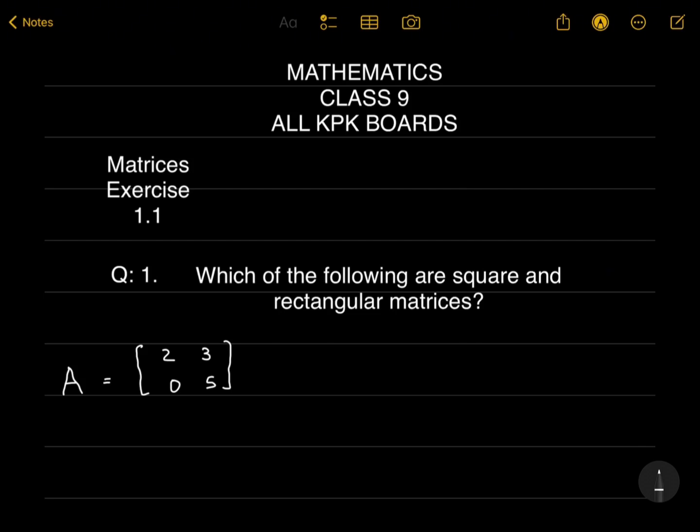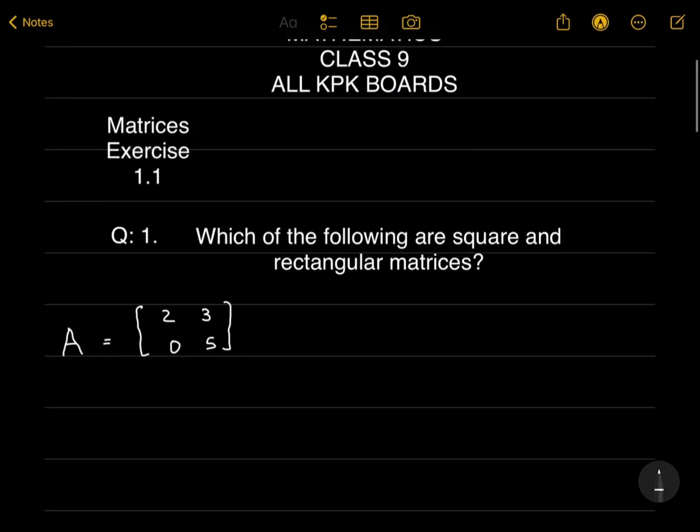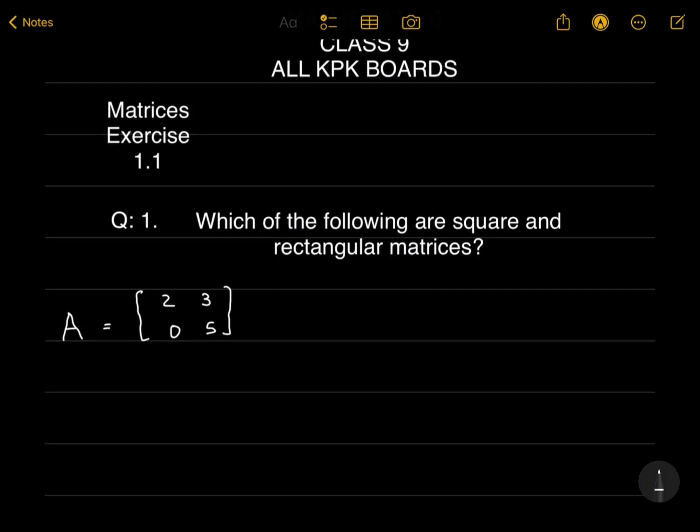So what are matrices? Matrices are a set of values enclosed in square brackets. That's easy. For example, if we give an example, another matrix, not this one.